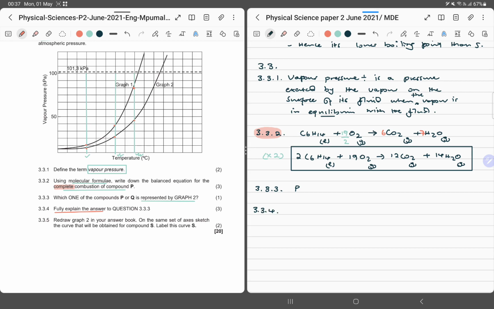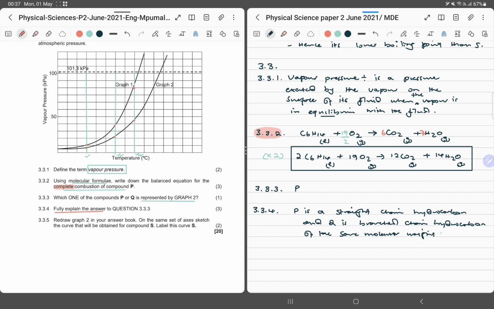3.3.4. We can say P is a straight chain hydrocarbon and Q is a branched chain hydrocarbon of the same molecular weight as P. Okay?